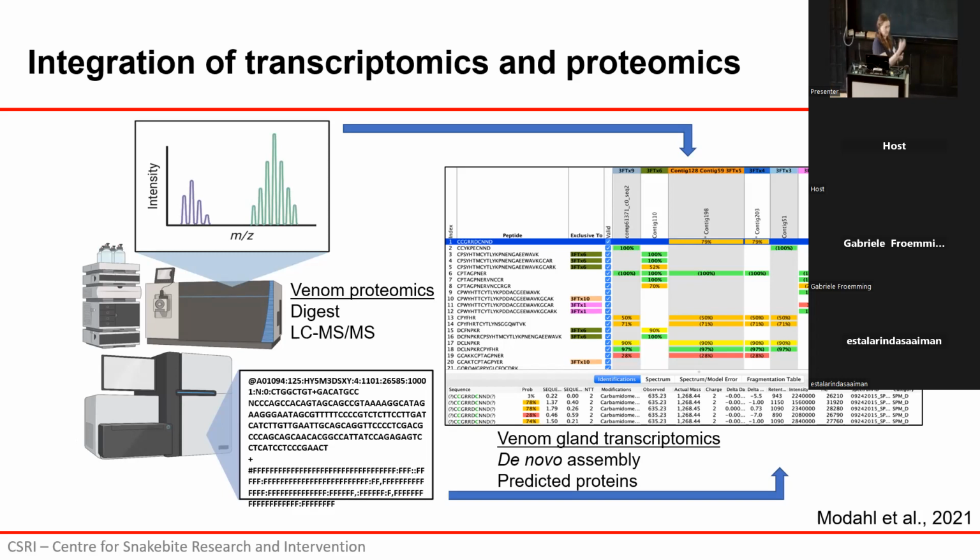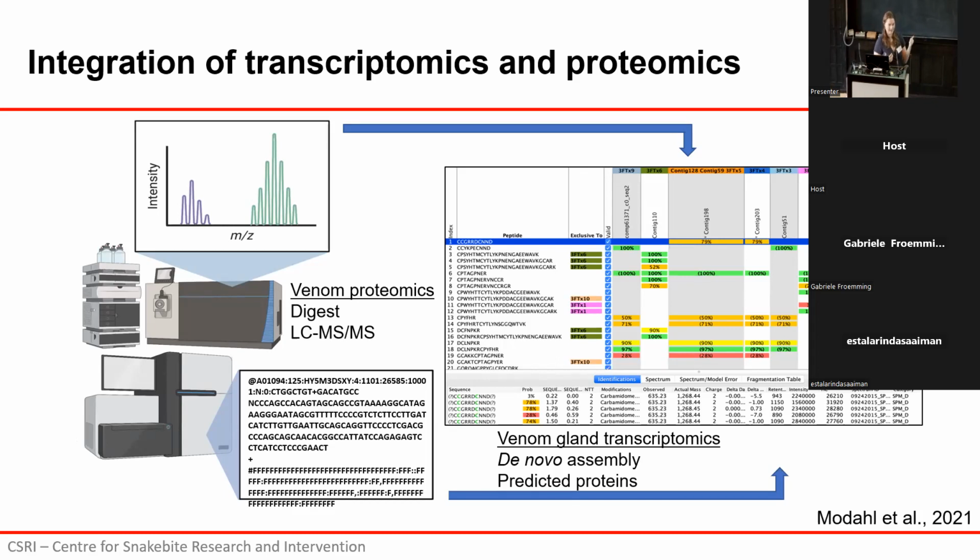So there is an additional step after I do the assembly and annotation, where I'm still working with the nucleotide sequences. And then they're translated to predicted proteins, and that builds a custom database that then can be used to identify different proteins for mass spec. So my approach is very complementary to other omic technologies.